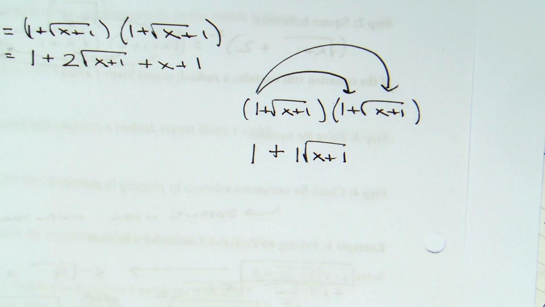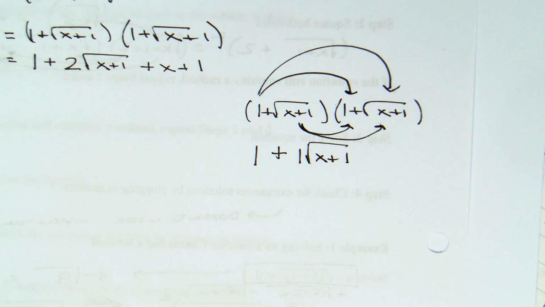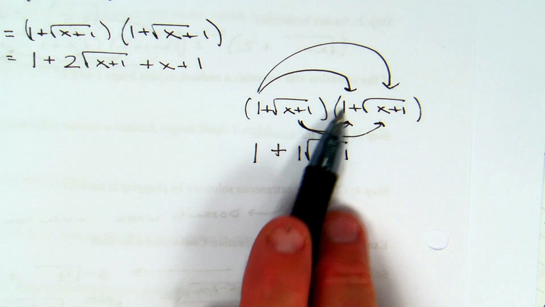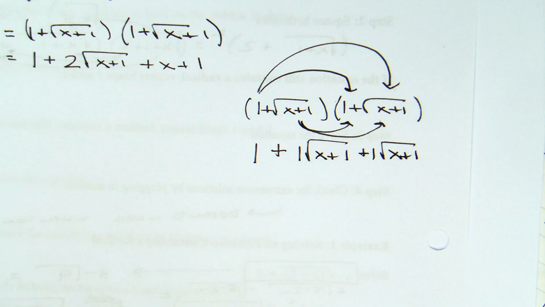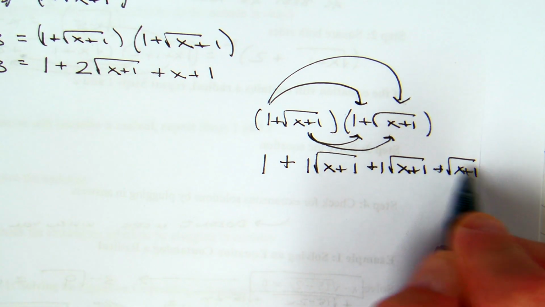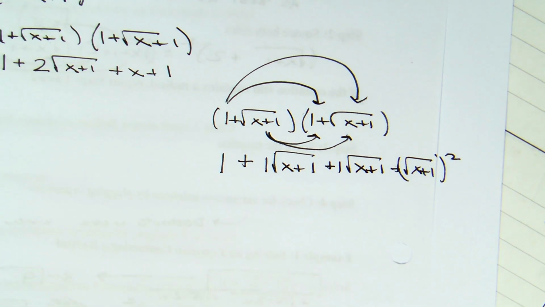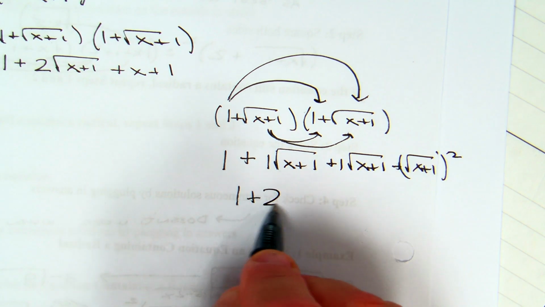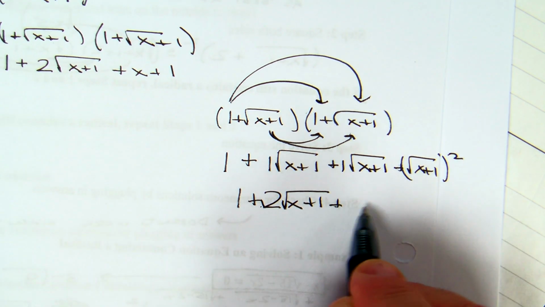We had 2 times x plus 1. Hold on, I'm not done. Now I'm going to take the second term and multiply that term. So I'm going to do the square root of x plus 1 times 1, which also gives me 1 square root of x plus 1. And then plus the square root of x plus 1 squared. Good? That's what gives me the 1 plus the 2 square root of x plus 1 plus x plus 1.